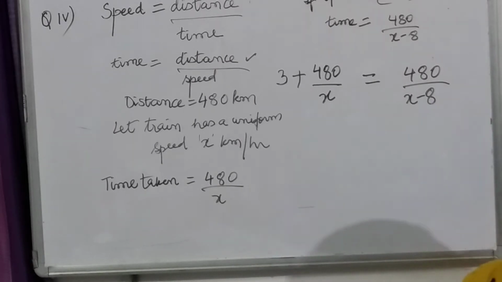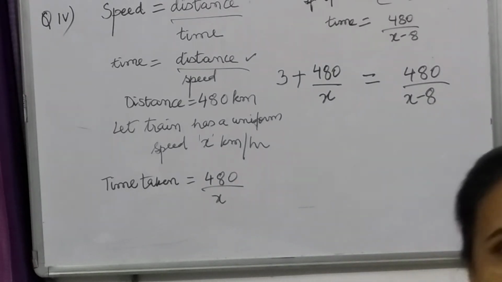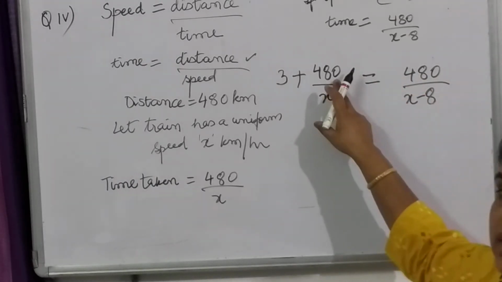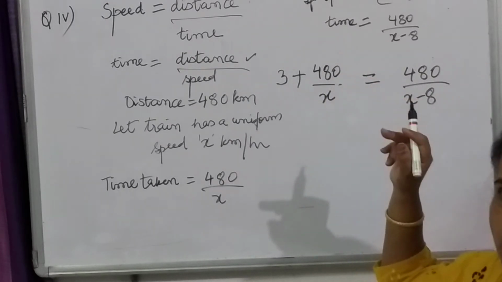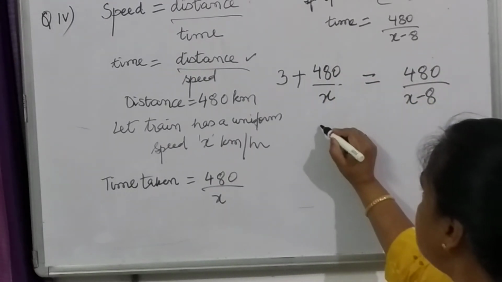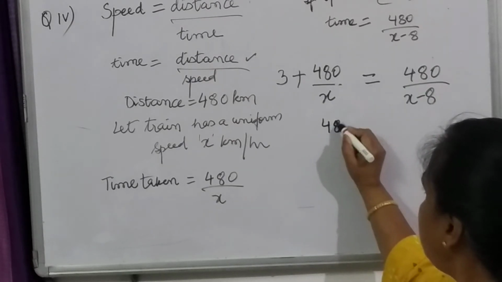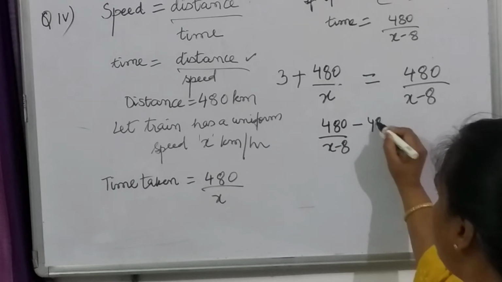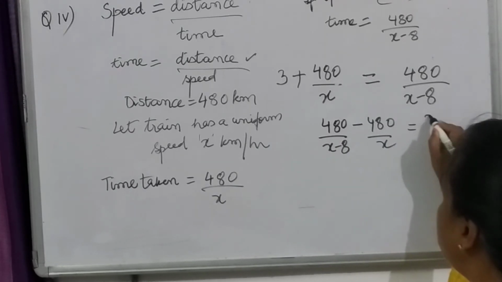Now again, इस वाले क्वेश्चंस को सॉल्व करने के लिए, जस्ट इसको थोड़ा सा सिंप्लीफाई करने के लिए अपन इसको सॉल्व कैसे करते हैं? ये जो 480 वाला न्यूमरेटर है, we take it on one side and the constant on the other. So I'm going to take this as 480 upon x minus 8 minus 480 upon x is equal to 3.